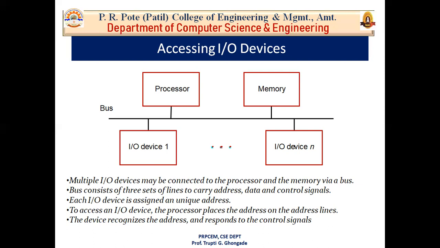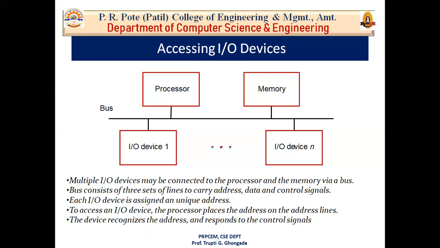If we are using two separate buses, one bus for memory and one dedicated bus for input output devices, then that is called the input output processor. And if we use one common bus for both the memory and input output devices but with separate control lines, then it is called the isolated IO method.